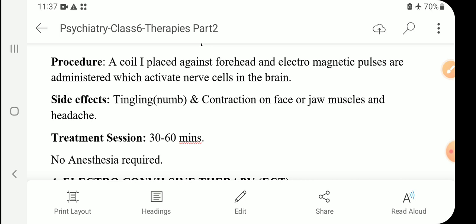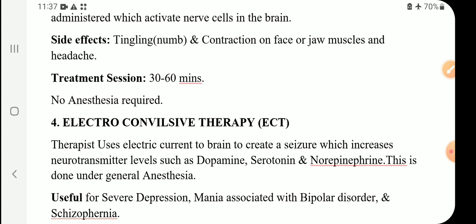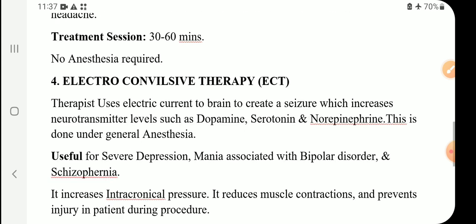And we do have side effects. The patient will get small side effects after this treatment, like tingling and contraction in the face and headache, etc. And for this TMS therapy, there is no need for anesthesia. So these are about TMS.